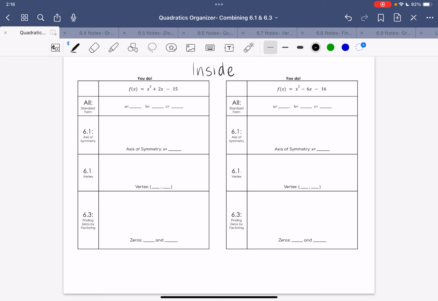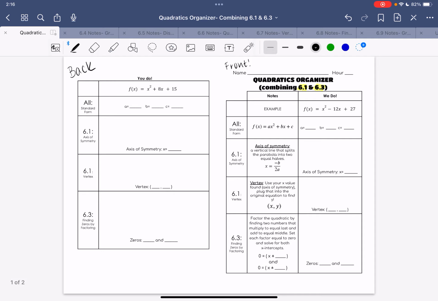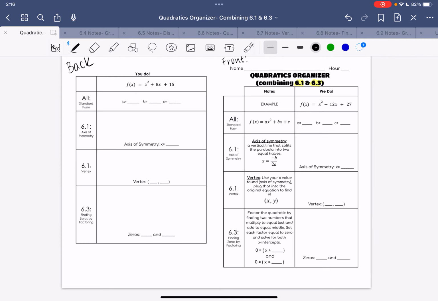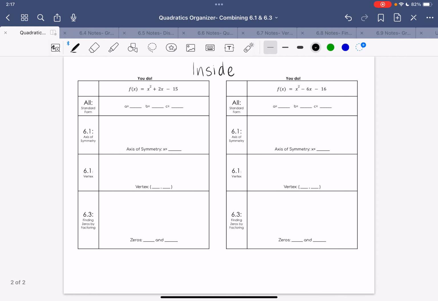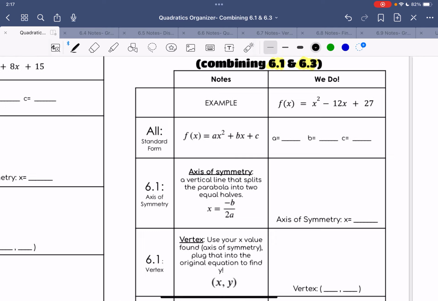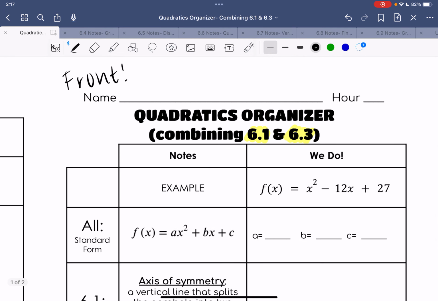How this is going to work is, in this video, real quick, we are going to go over and do this whole front page together. And then you guys will do the two problems inside and the one problem on the back. That's your assignment. So, what we're doing here is we are reviewing 6.1 and 6.3.